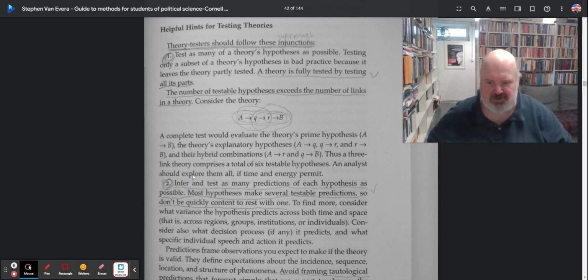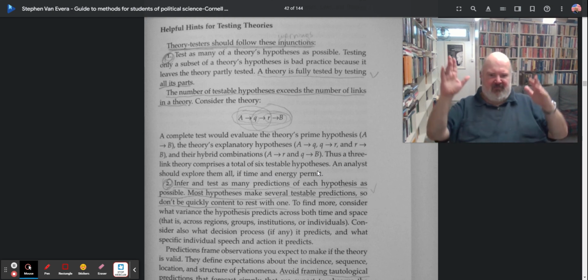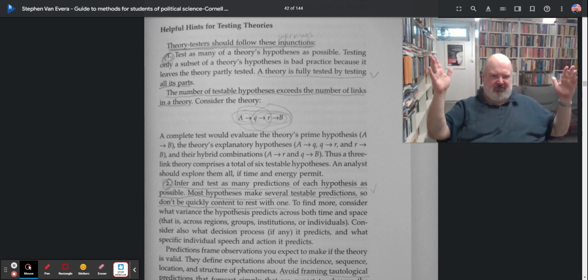And analysis should explore them all in time, if time and energy permit. So therefore, given this, you test all 6 possible hypotheses, and you test them all to make sure that they all validate. In other words, that they all come up valid.